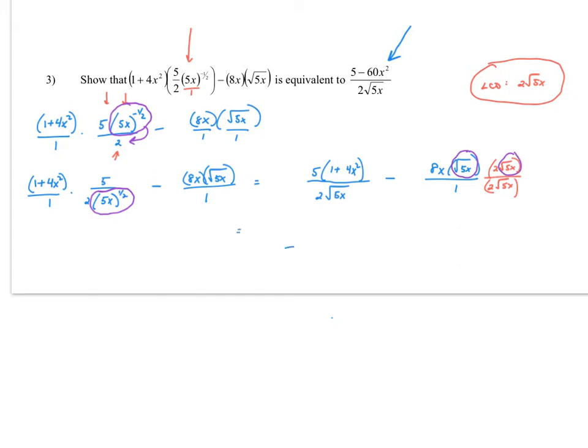Okay, I'm going to skip a step here. Since we have common denominators, we can bring the fraction together. The denominator will be 2 root 5x. In the numerator, we'll have 5 plus 20x squared minus, here's 8x times 2 times 5x.